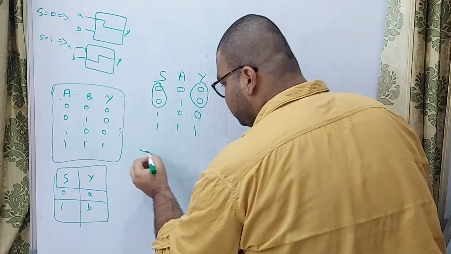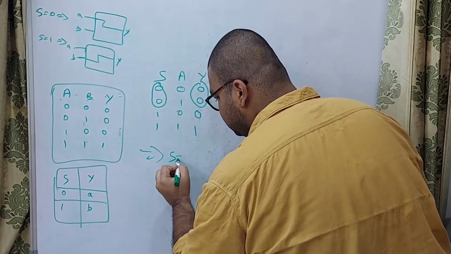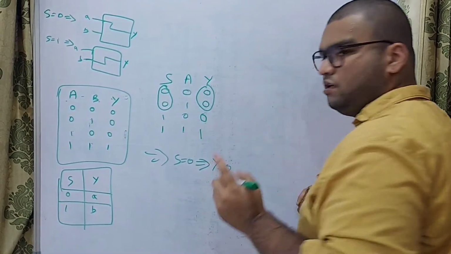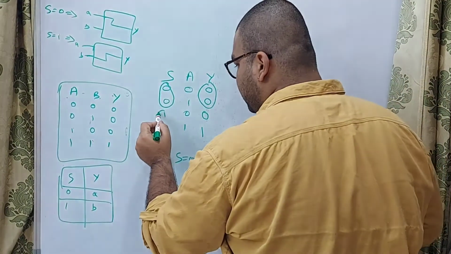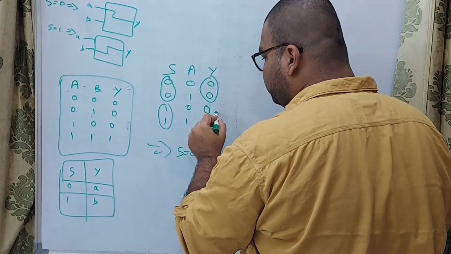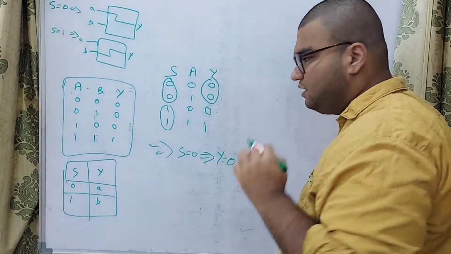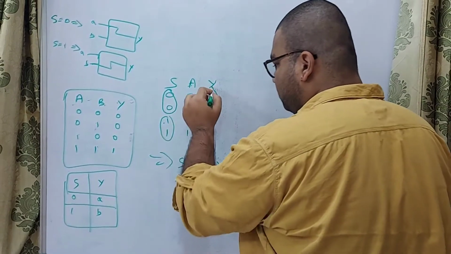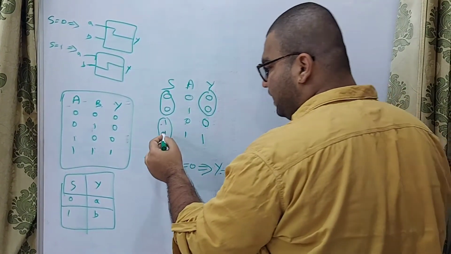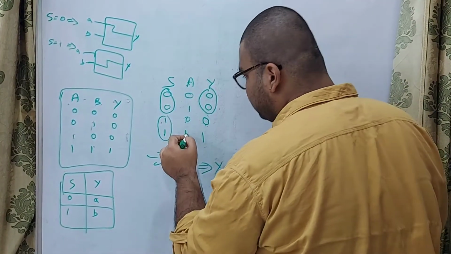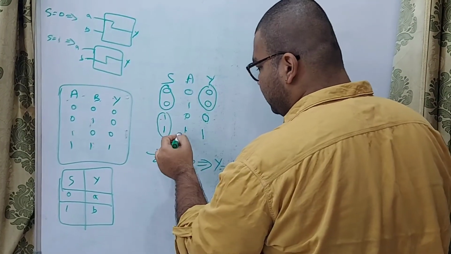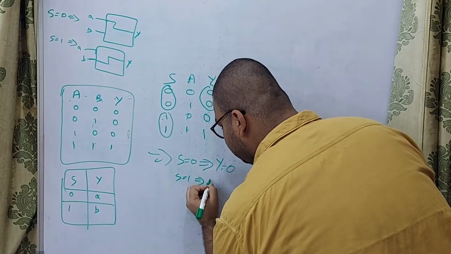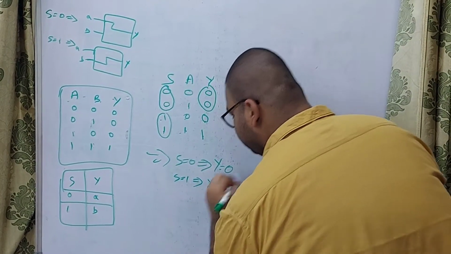That implies when S is equal to 0, Y is also 0. And when S is 1, output is the same as A. That is, when S is 1 and A is 0, output is 0. When S is 1 and A is 1, Y is also 1. That means when S is equal to 1, Y is equal to A.